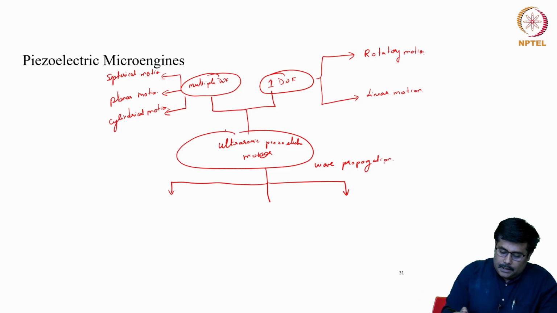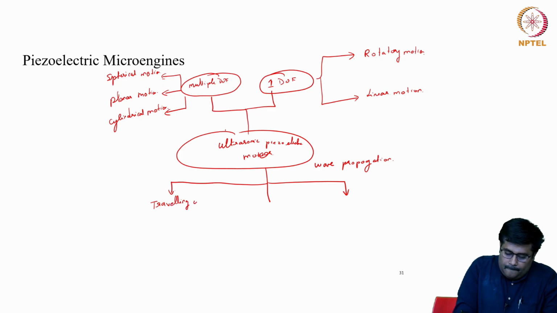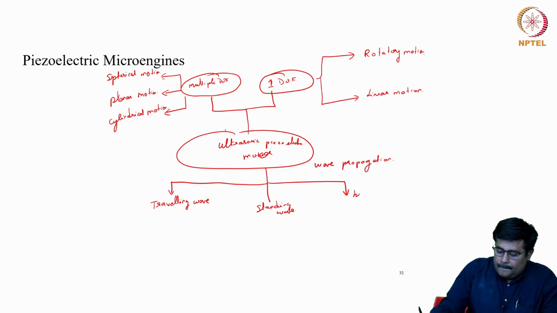Now, in addition to this, it is also classified based on the wave propagation. That is, it can be a travelling wave or standing wave or a hybrid wave.